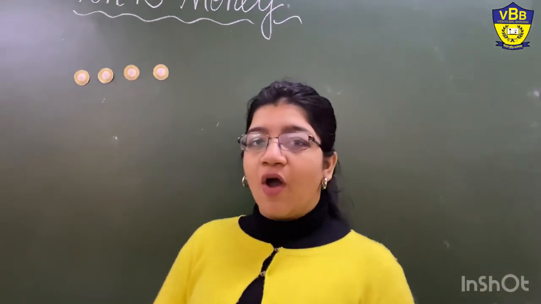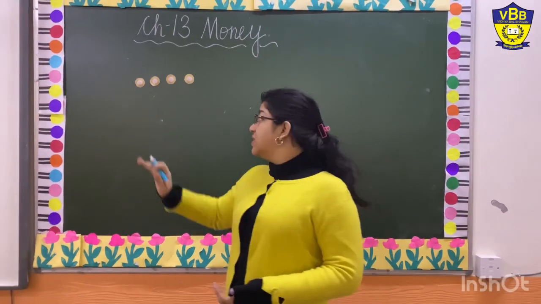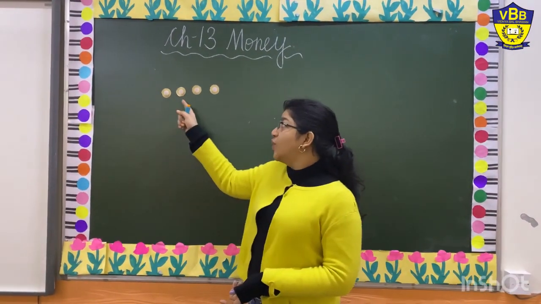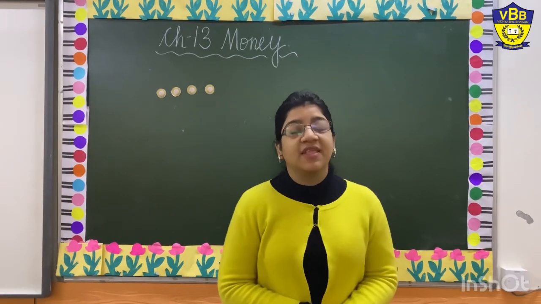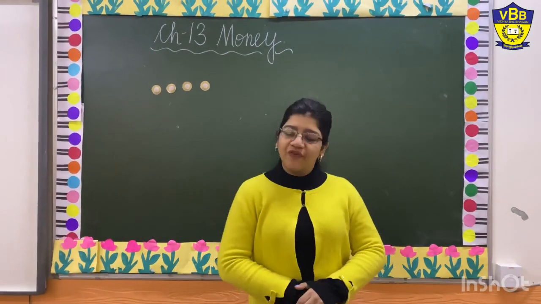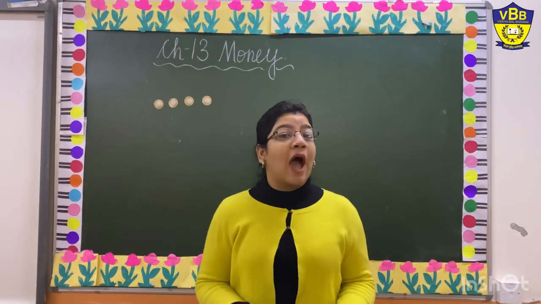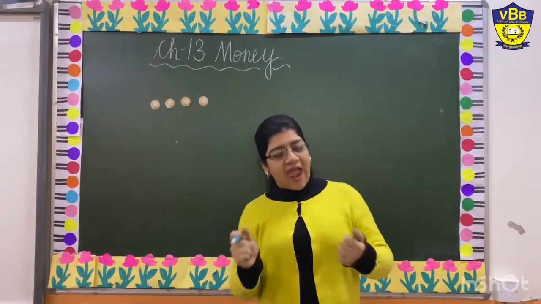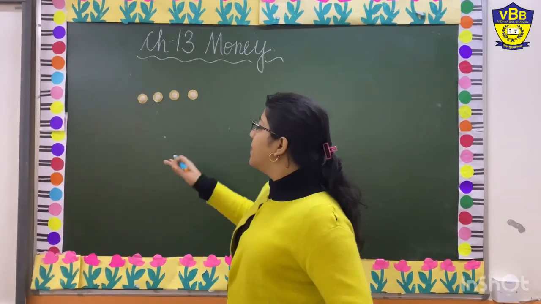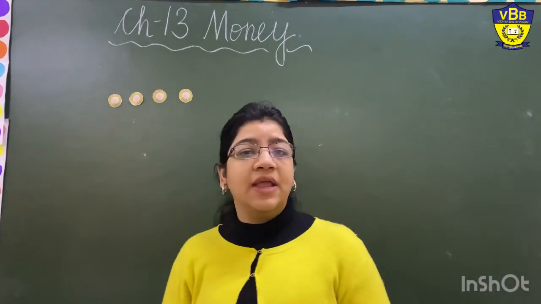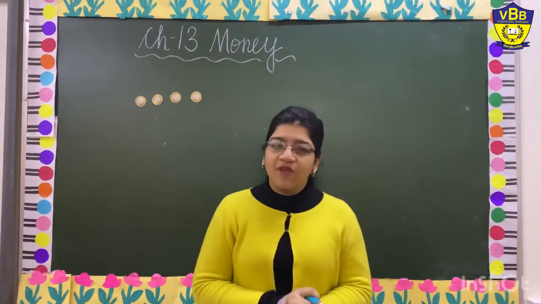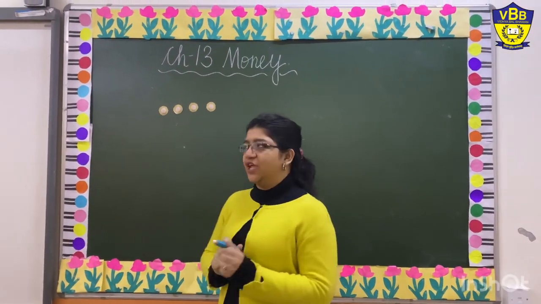Now as you all can see, how many coins are there? Yes, there are 4 coins of 10 rupees. So now we have to add them. Before adding them as 10 plus 10 plus 10, we are going to do it in multiplication.